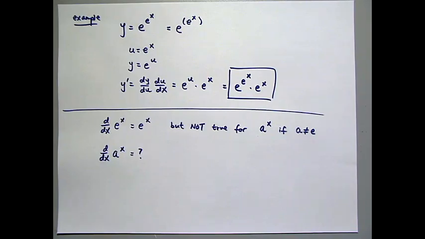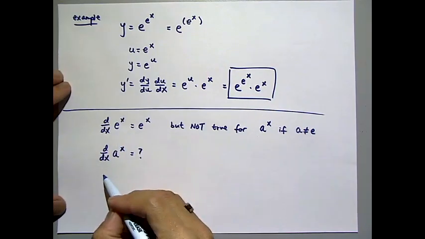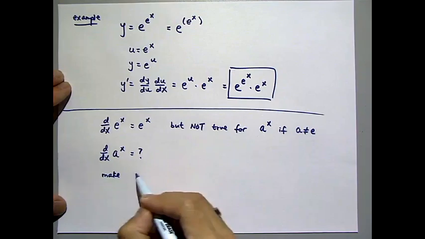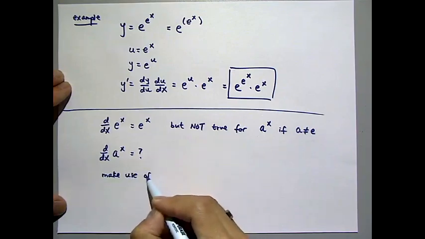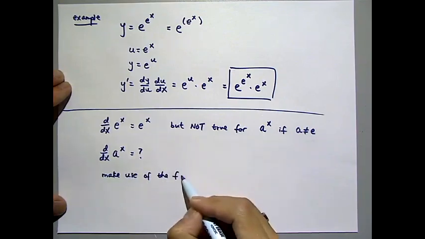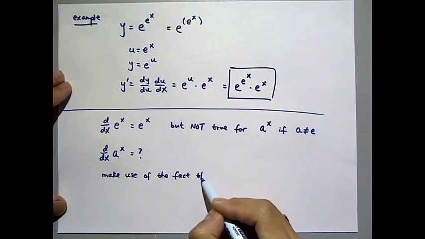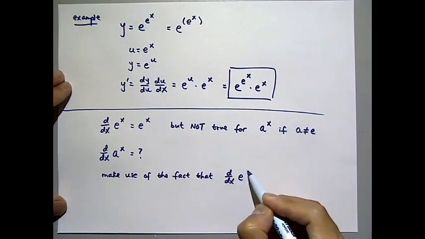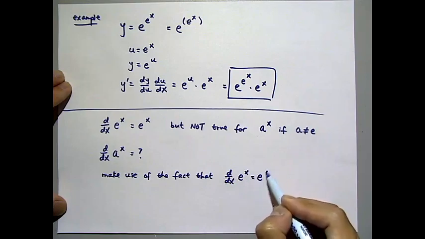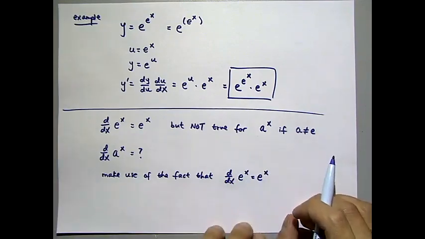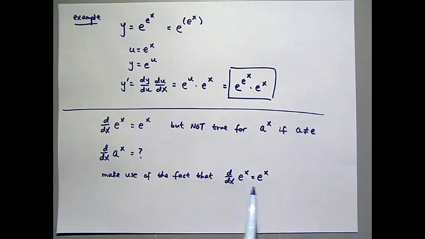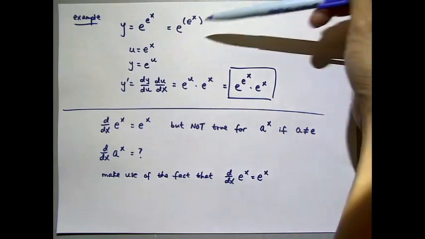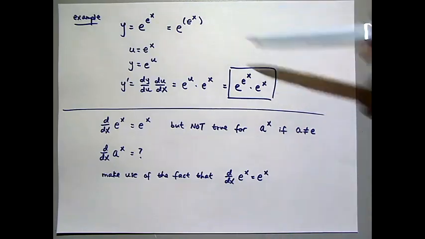Okay, so what do we do here? We're going to make use of the fact that if we know this, we can always do stuff like that to make things work, right?